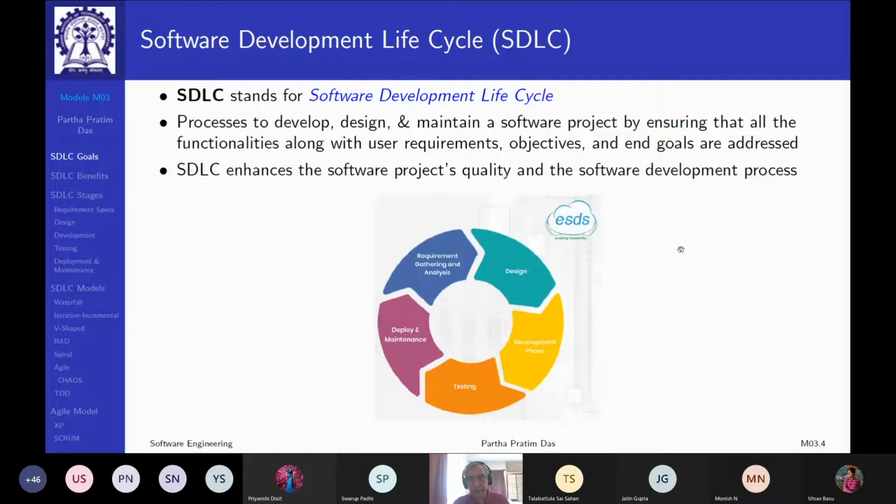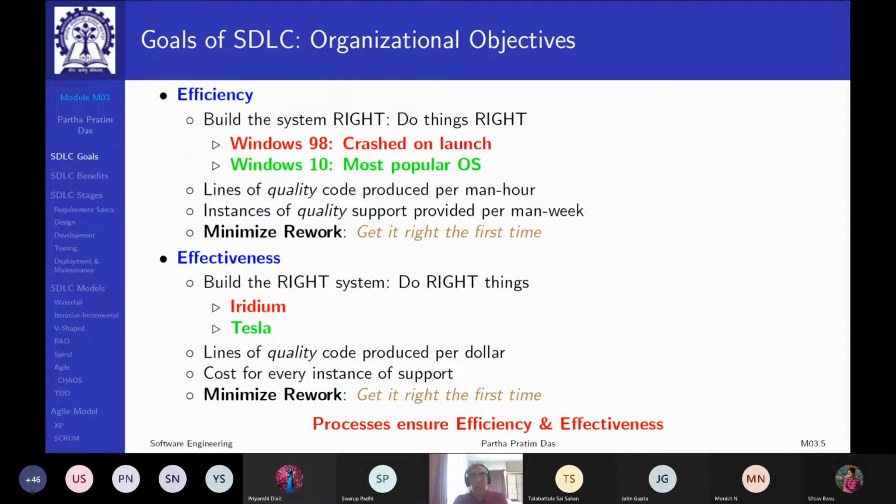But the core point is, as a software company, what are your primary organizational objectives? Right? Certainly, the core objective is to make money by honest means through providing quality services to the customer.